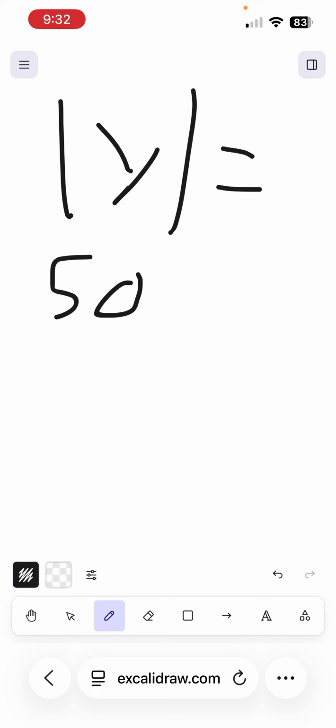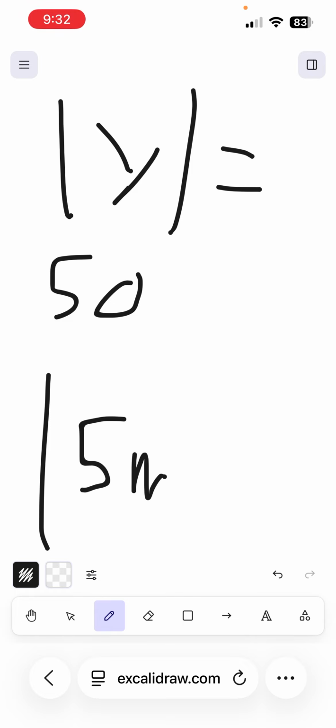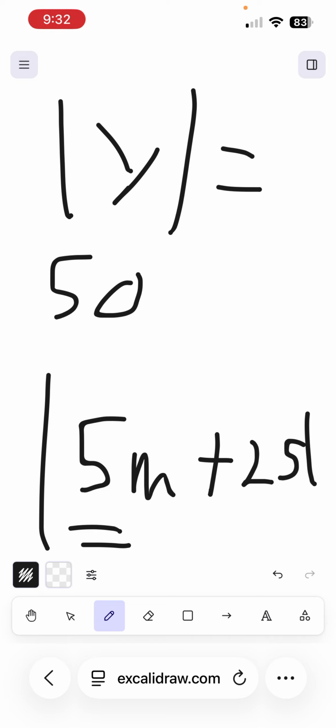And then here we'll have, let's say, the absolute value of 5m plus 25. So here we have two equations that both have a solution of 50.